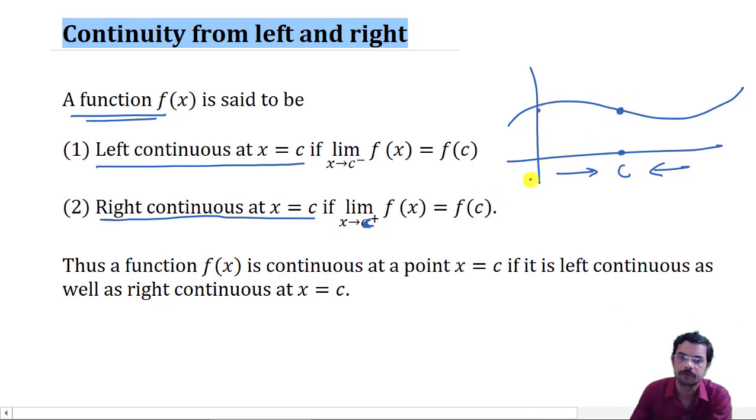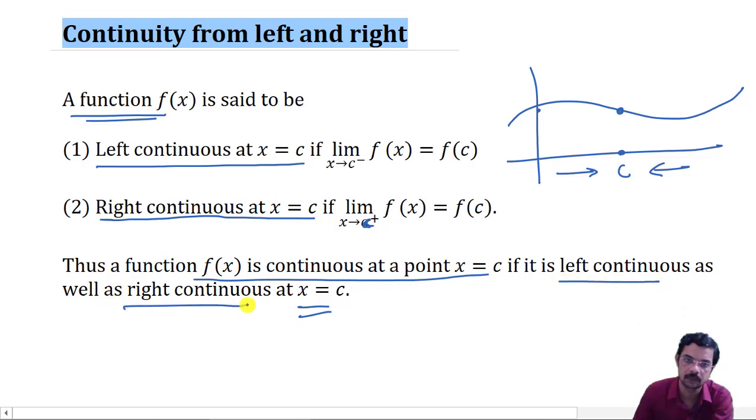So if a function is both left continuous and right continuous, then we say that the function is continuous at x equal to c. A function is said to be continuous at x equal to c if it is both left continuous as well as right continuous at x equal to c.